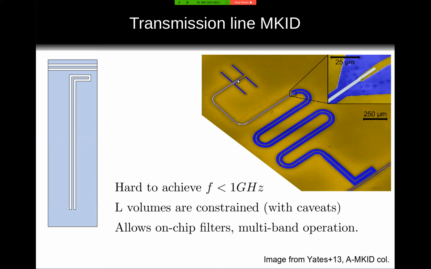Then there's a very small region designed to be the inductive element, and it's all defined with electron beam lithography. It's meant to be the smallest and most inductive part of this transmission line. The rest of it is easier to define lithographically. It's the capacitive part. But the whole thing is basically a single transmission line.